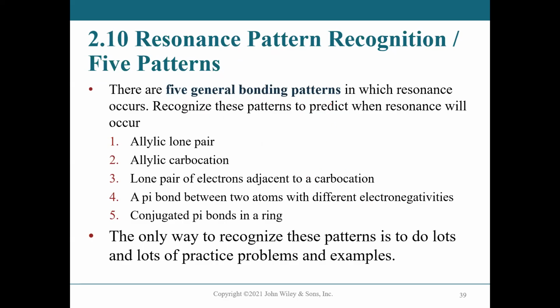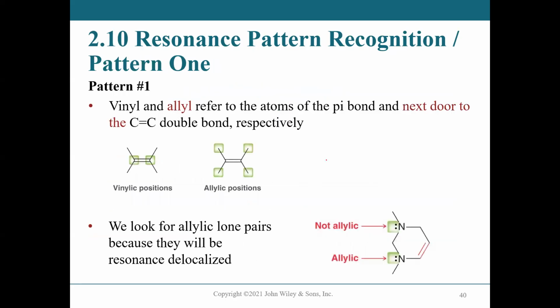There are 5 general bonding patterns in which resonance occurs. You have an allylic lone pair, an allylic carbocation, a lone pair of electrons adjacent to a carbocation, a pi bond between 2 atoms with different electronegativities, and conjugated pi bonds in a ring. And they go over some examples on the next slides of this.